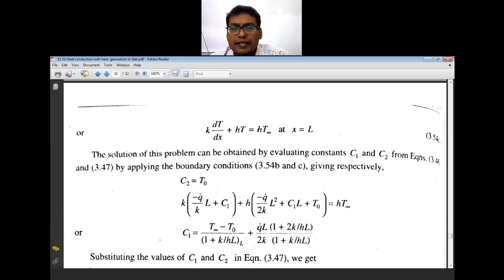By simplifying it, C2 you will get as T0, and C1 comes out as T infinity minus T0 upon 1 plus K by h into L, plus this term.